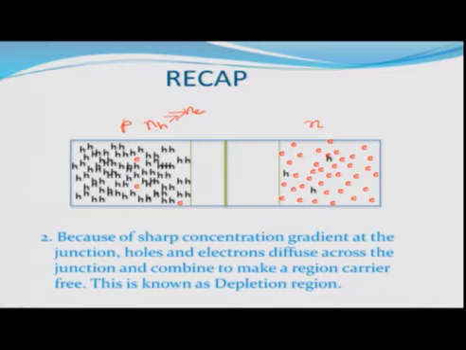So, the holes here are majority carriers and electrons here are minority carriers, and on the n side you have N_e much greater than N_h, and so electrons are majority carriers and holes are minority carriers.